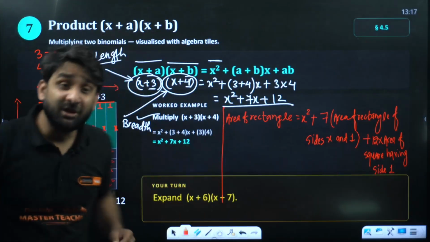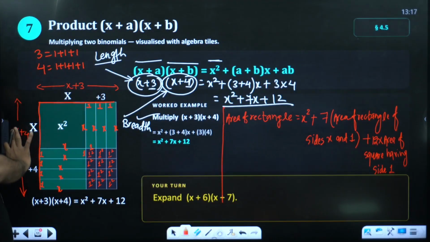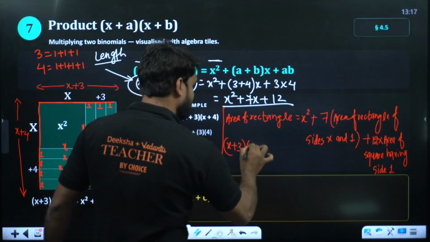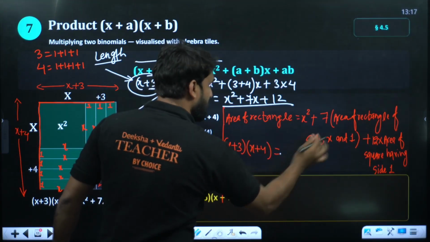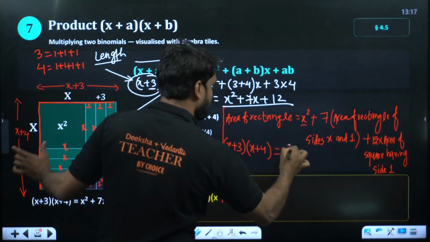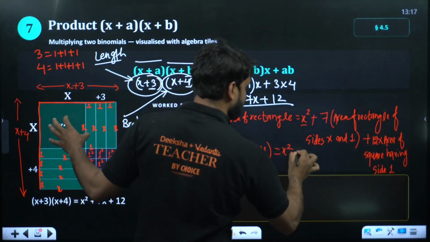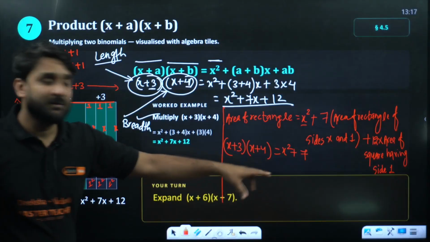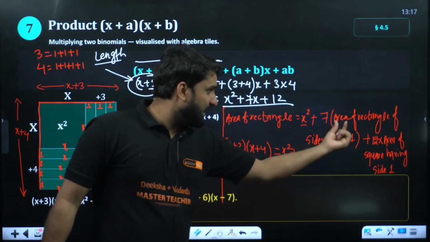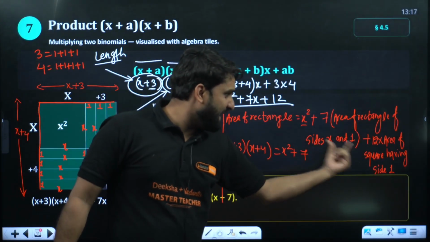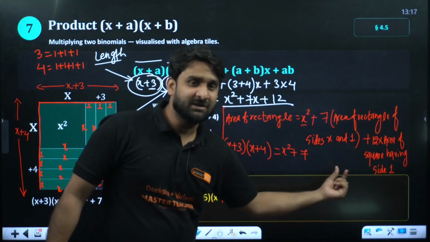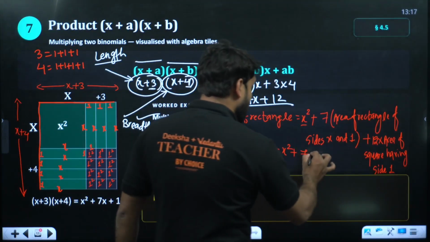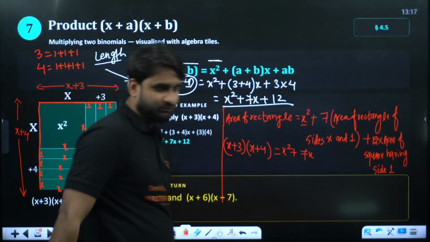And what will be the area of the bigger rectangle? Length into breadth. Length is x plus 3 and breadth is x plus 4. Now write, this is x square, the area of this square, plus 7 into area of rectangle of sides x and 1. The area is length into breadth, x into 1, which is x.